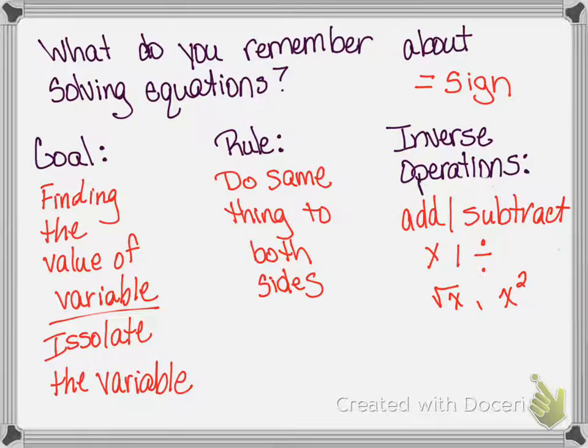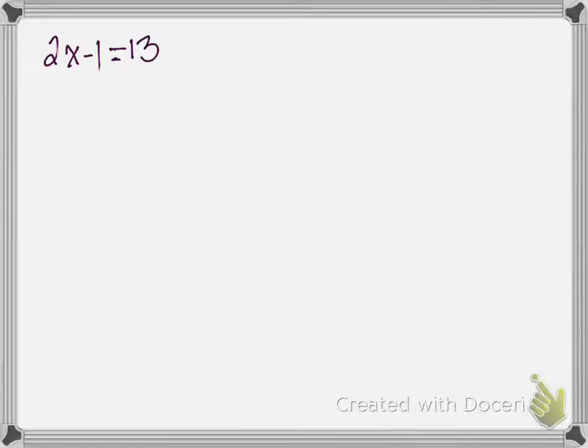Okay. Here we go. Here is our first equation. So our goal here is that we want to isolate the x. We want to get the x by itself. So the way that we do that is we've got to get rid of the negative 1 first.